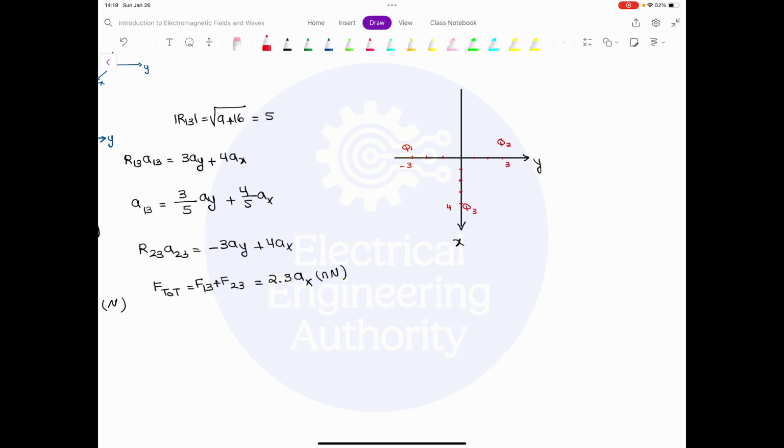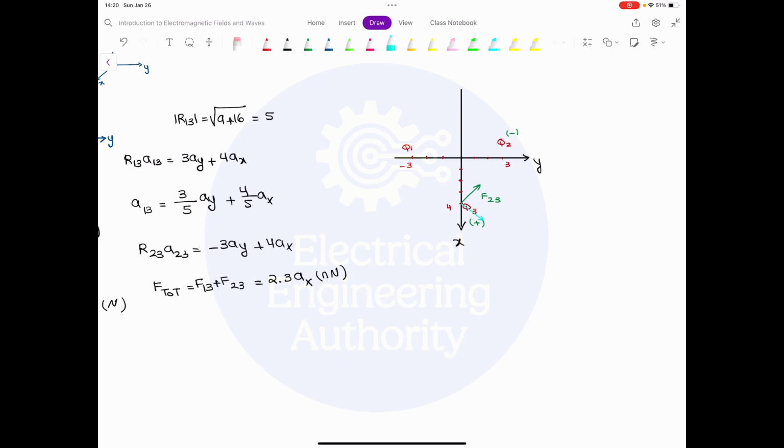The only difference this time is that the force that is being exerted on Q3 due to the existence of Q2 now has the other direction, because Q2 this time is negative while Q3 is positive. So the force this time will be in this direction. So this one is now F23. But what about F13? F13 is still in the same direction because they're both positive.